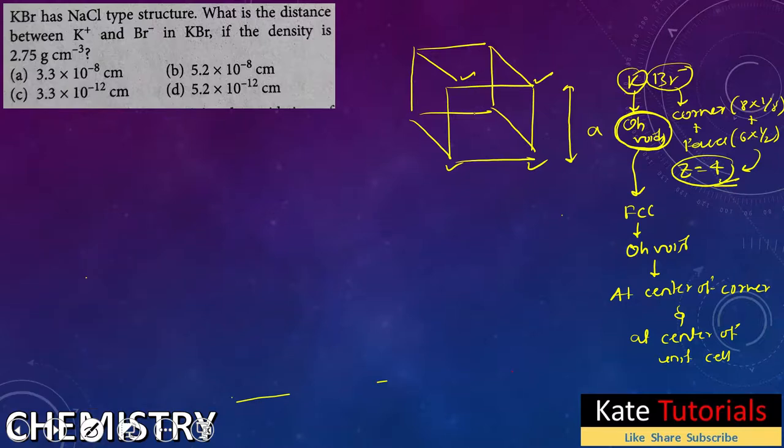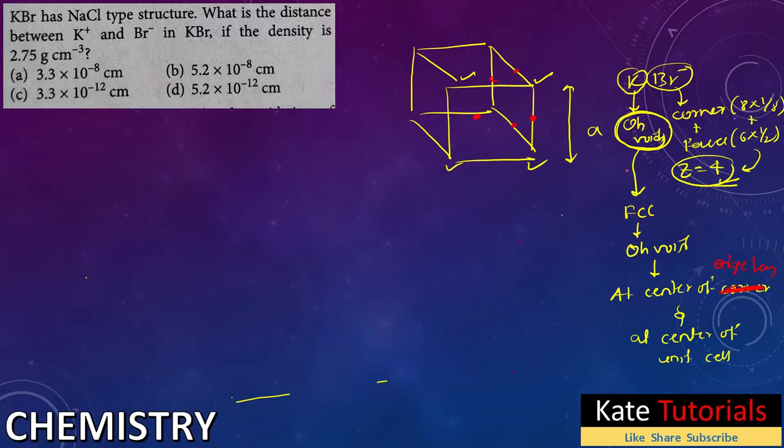See, at the center the octahedral voids will be there, and at the center of every edge length, not the corner. Here the octahedral voids will be there.